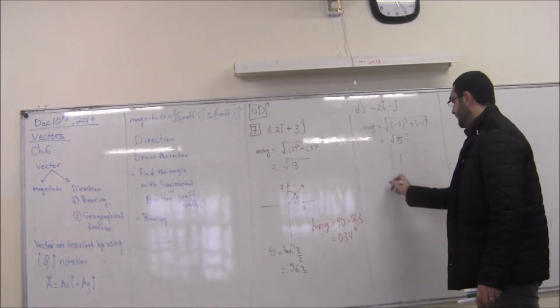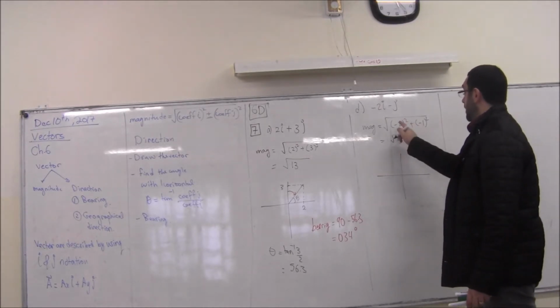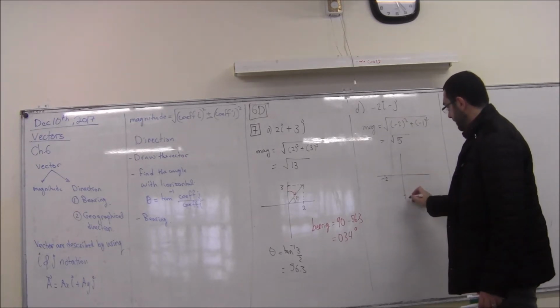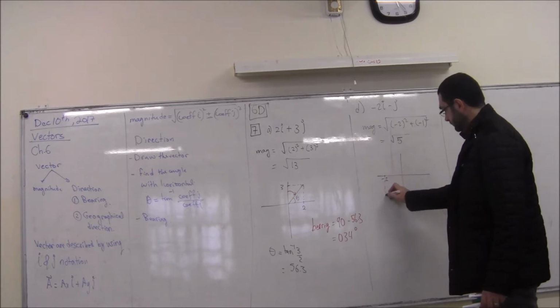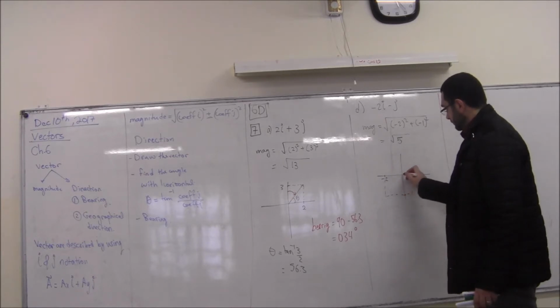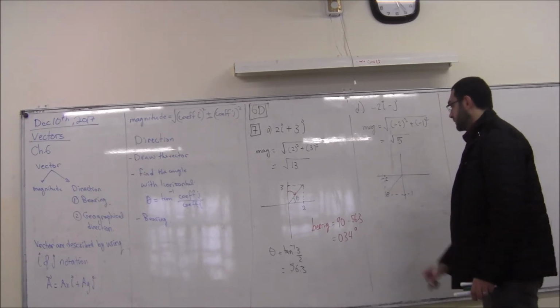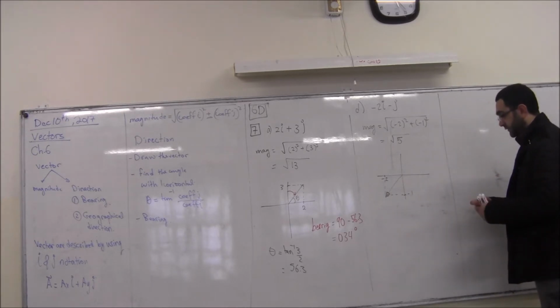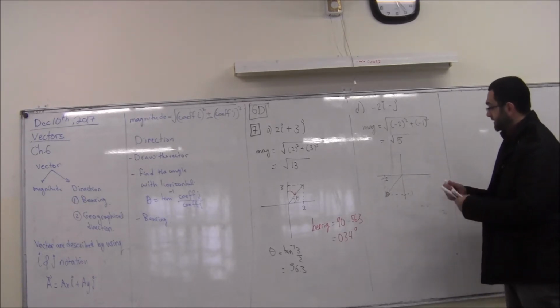Now to find the bearing, draw. This is minus 2, this is minus 1. This is the vector, the desired vector. Where is the bearing? This is the bearing.